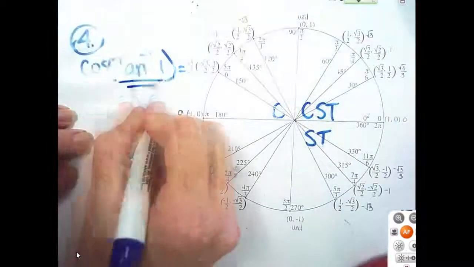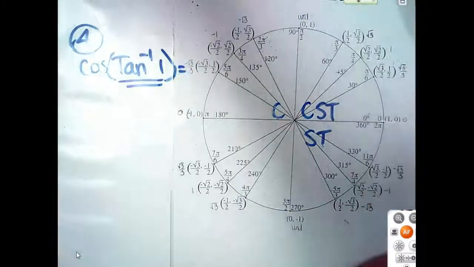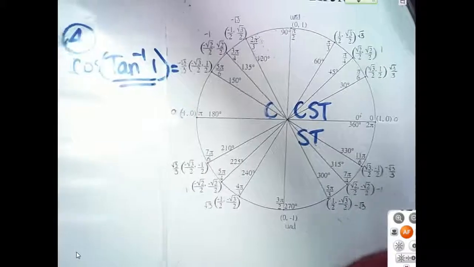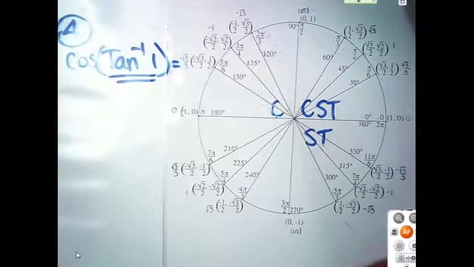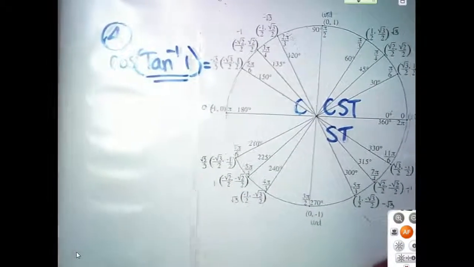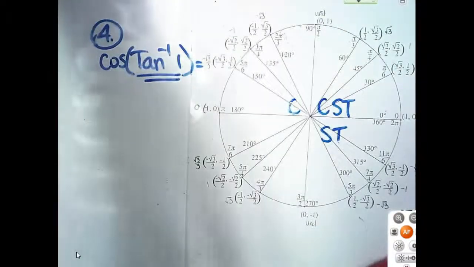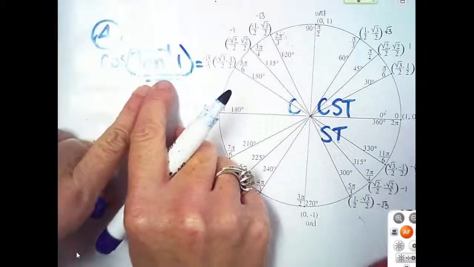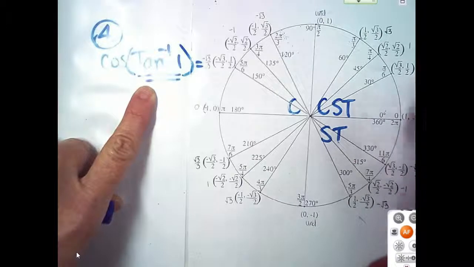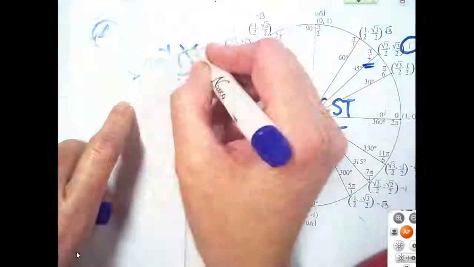Start right here. What is the inverse tangent of 1? Tangent is only allowed in these two spots. So look at your tangents. Where is it 1? It's 1 and negative 1. So we're here. So it's pi over 4. So this value is pi over 4.